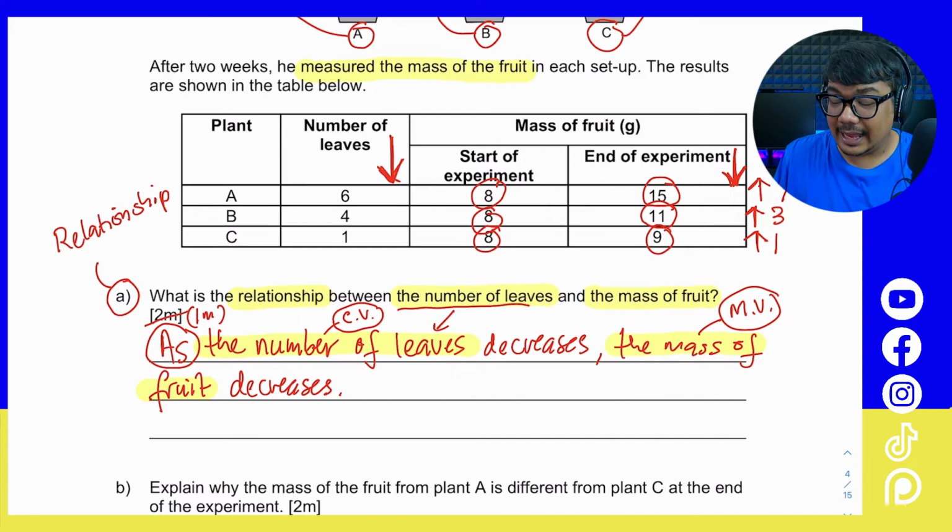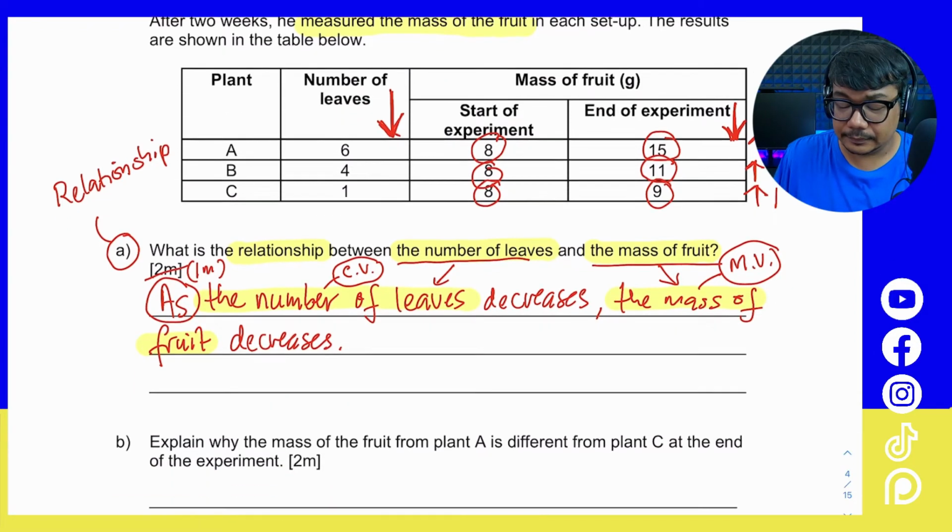Then the mass of fruit, again, is from the question, and again the trend you get from the table here. We have already talked about this at the beginning. So this relationship question is in fact a very straightforward question that is very easy for you to score your mark. Now let's move on to B.